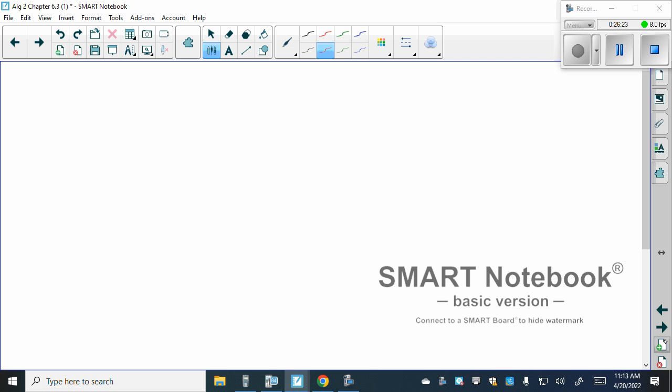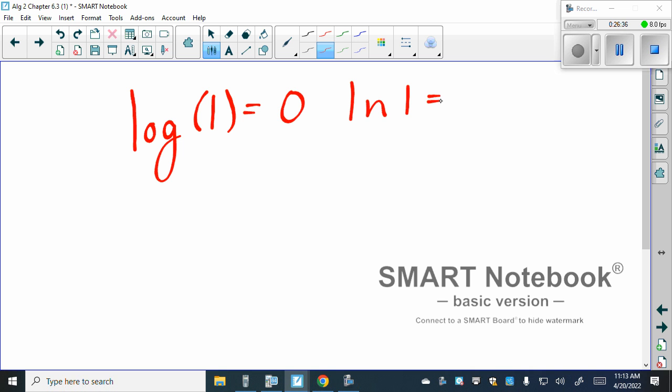I think there's one that's kind of interesting, which is log of 1. What's the natural log of 1? Because if we rewrote ln of 1 as an exponential, that would be e to the 0, and anything to the 0 power is 1.